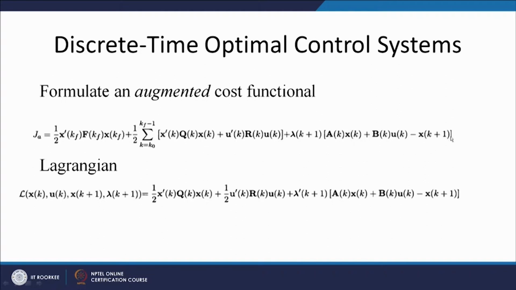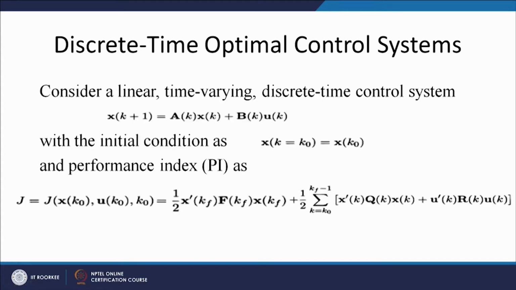This term represents nothing but my g. If g equals 0, this means akxk plus bkuk minus x k plus 1 gives me 0. So, if we see, my augmented cost functional is the same as the cost functional we have considered before, given as j.